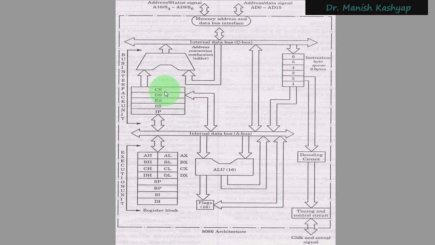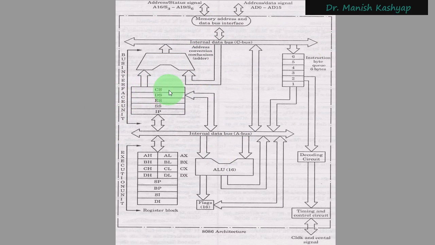So the code segment register will contain the starting address of that particular code segment in the externally interfaced memory. Now you will ask a question: since the externally interfaced memory is addressed by 20 bits, how is it possible that the code segment register inside this microprocessor is of 16 bits?